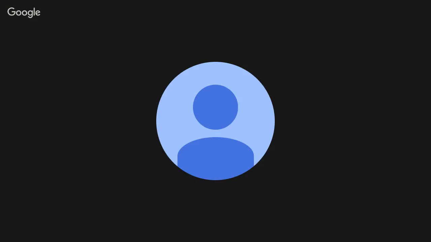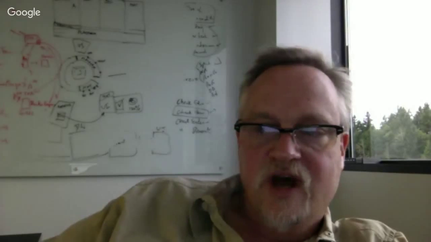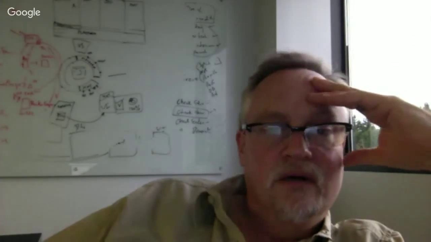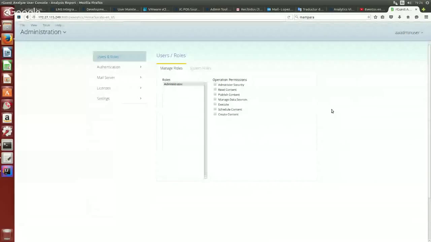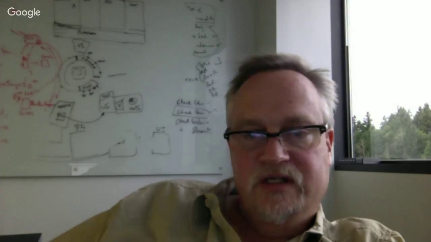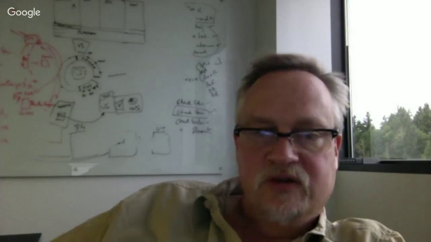So that's not automatically set up. We have the users on the Active Directory, so we can add them with the admin tool. Then those roles would show up here, but you'd have to come in as an administrator and mark that a consumer can only read content and execute, but can't do some of these other things.